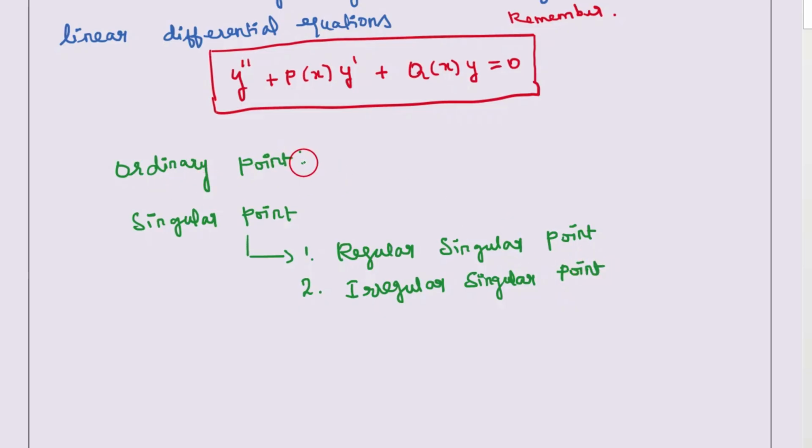So there are two cases, ordinary point and singular point. A singular point is further classified into a regular singular point and an irregular singular point. Let us discuss one by one.